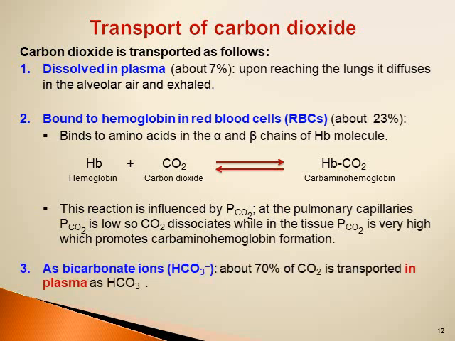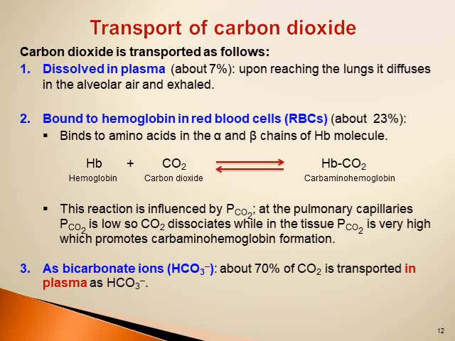The third and the main form of carbon dioxide transport is the transport of carbon dioxide as bicarbonate ions in the plasma. But to convert carbon dioxide to bicarbonate, we need an enzyme that is present in the red blood cells.